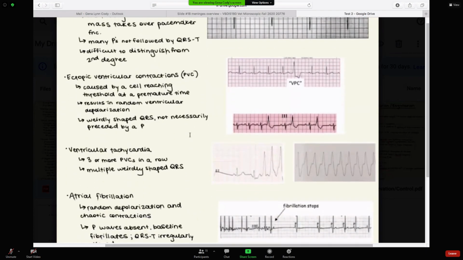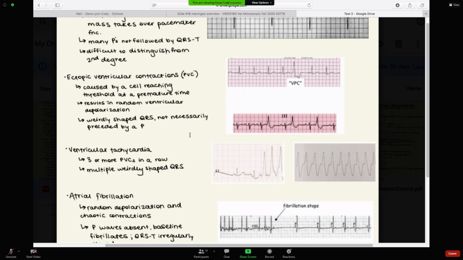Cool. So then my next arrhythmia is ectopic ventricular contractions, or ectopic beats. Basically, some cell reaches threshold before it's supposed to. And we learned the all or none principle means that if one cell reaches threshold, all of the cells in that atrial or ventricular syncytium will depolarize, right?